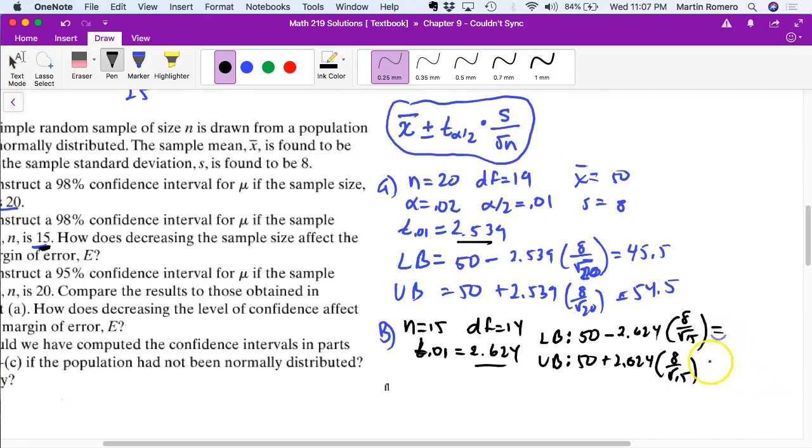And if you get those values, you get a new confidence interval. On this one here, you get a lower bound of 44.6. Upper bound is 55.4.